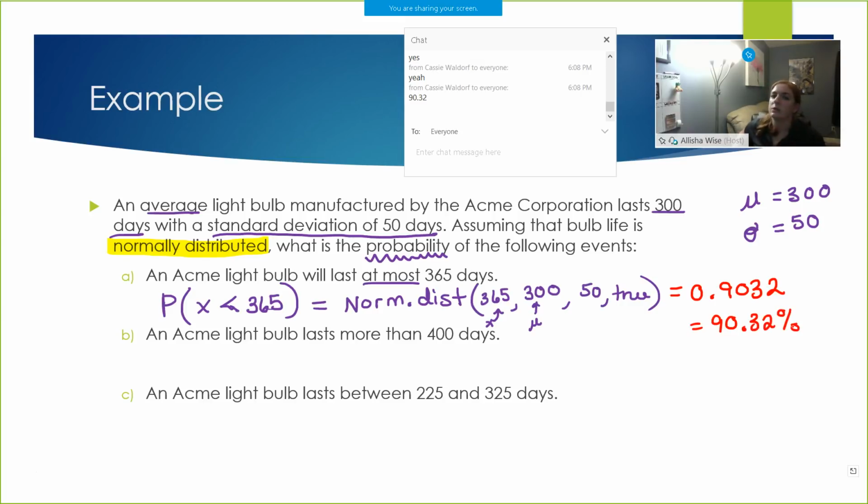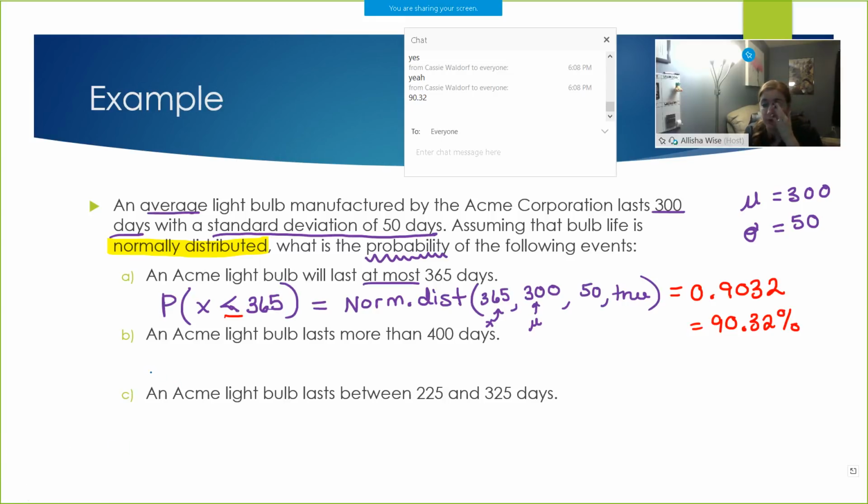So in other words, what they're really saying here is that the probability that you're going to get a bulb that lasts at most 365 days is 90%. That's a pretty good probability. As a manufacturer, you'd be like, okay, I feel pretty good about that. I can go on my little advertisement and say, usually, 90% of the bulbs last until 365. So, okay.